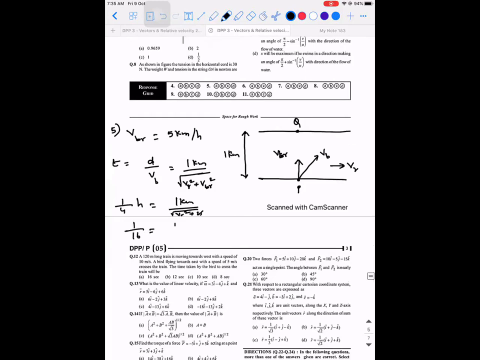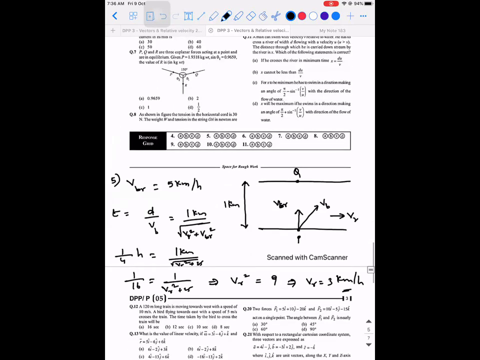So 1 by 16 is equal to 1 divided by VR square plus 25, which implies VR square is equal to... why am I getting a negative value? So the answer should be 9, which implies VR is equal to 3 kilometer per hour.